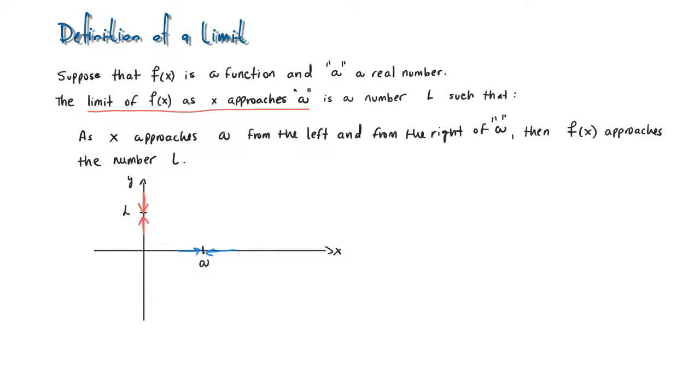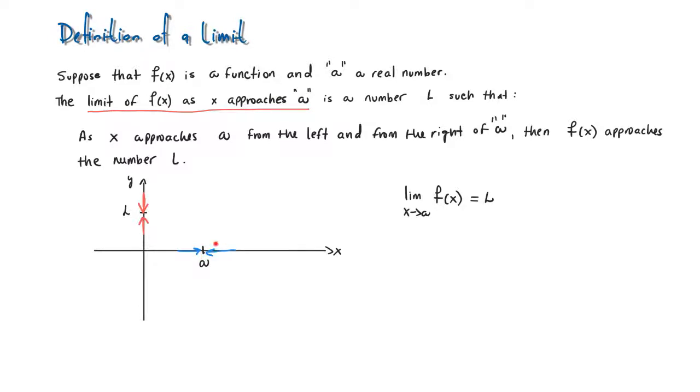So symbolically, we write that the limit as x approaches a of f of x is equal to L. Repeating again, as x approaches a from the left and from the right, the y values of the function are getting closer and closer to L. And remember that the function may not be defined at a.